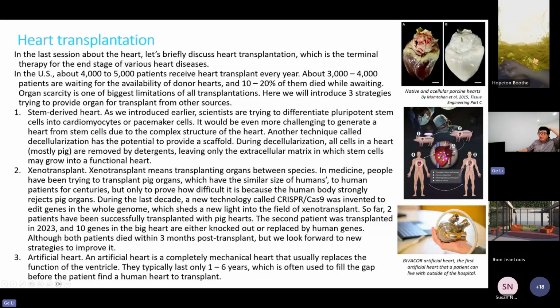This artificial heart is only given to people who have to replace the heart but cannot find a heart donor, so it makes a buffer. They wait for 1 to 6 years. And the key thing about this heart, much better than before, is that it uses a magnetic valve to make it last longer and the people can go home.